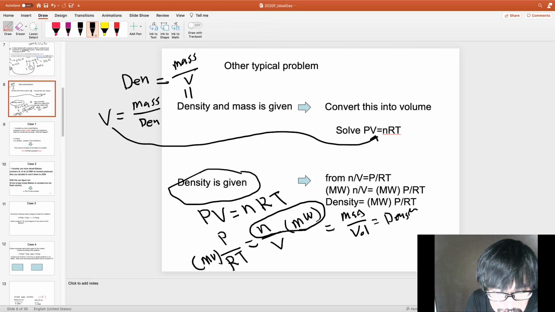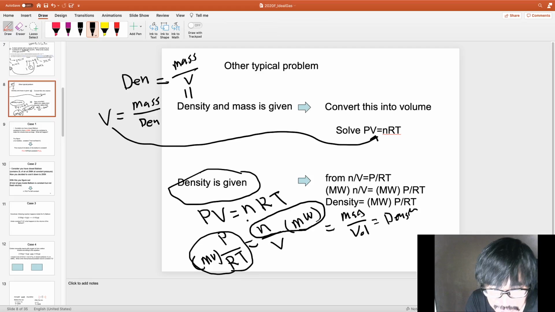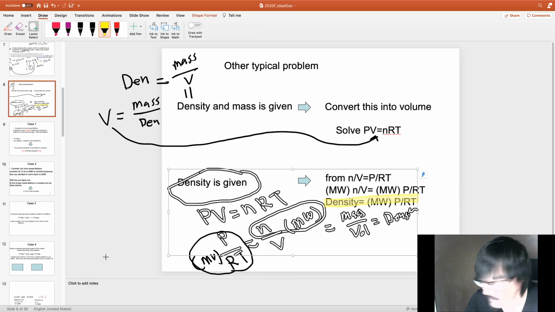So the density is actually equal to molecular weight times pressure divided by RT. If you're not good with algebra, you might want to remember this formula: density is the molecular weight times the pressure divided by RT. That's the important portion.